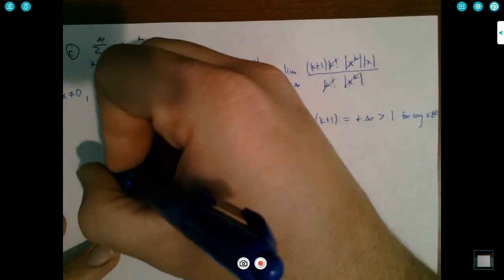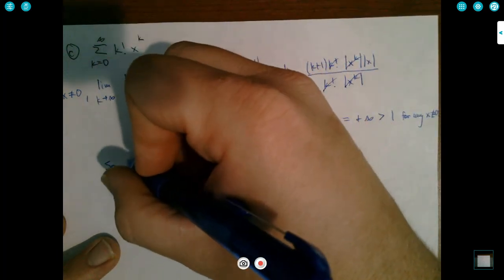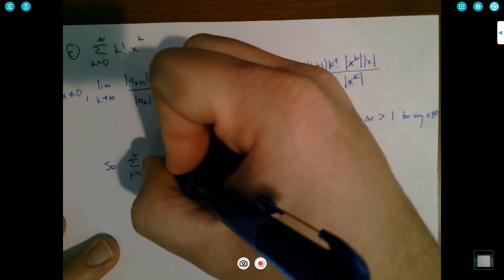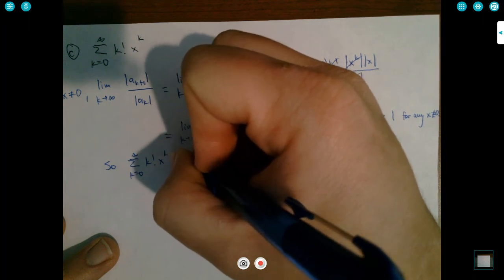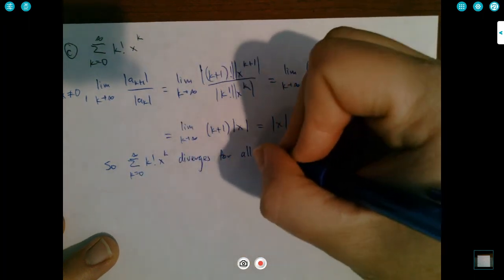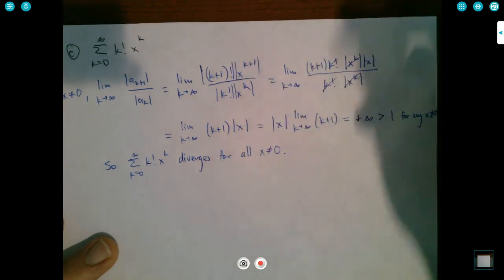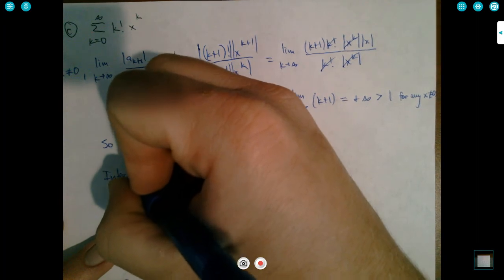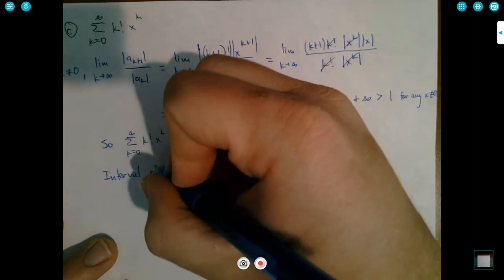So this series diverges for all x not equal to 0. Okay, so the interval of convergence, well, there isn't really an interval of convergence.